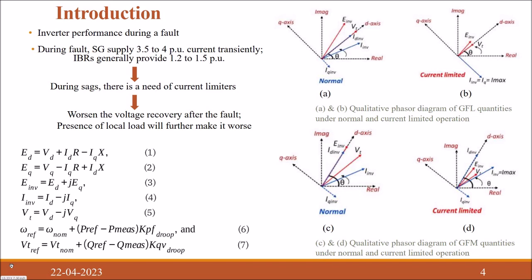So in that case, instead of maintaining the angle theta between the internal voltage E inverter, the angle theta would be maintained between the D component of the I inverter, which is ID inverter, and both the terminal voltage phasor and the internal voltage phasor will actually lag behind the D-axis.